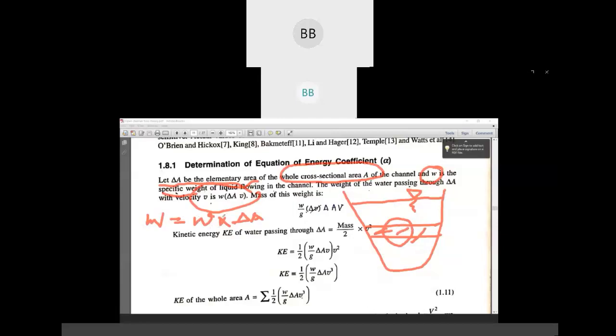So it is specific weight multiplied by del A, that is the small area, multiplied by the velocity. For that cross section, the average velocity we consider as capital V, and the velocity inside that small area we consider as small v. So this is the weight: specific weight multiplied by area multiplied by velocity.